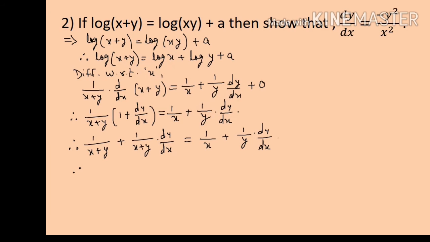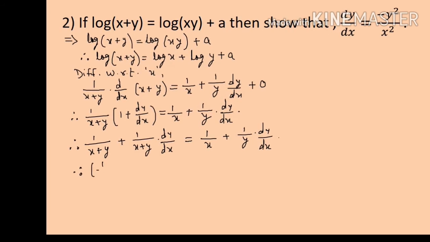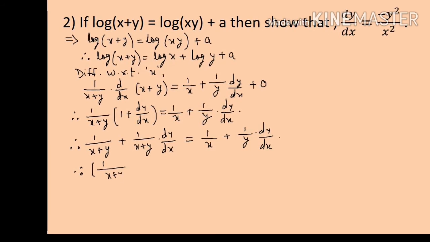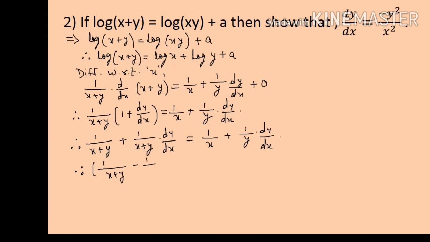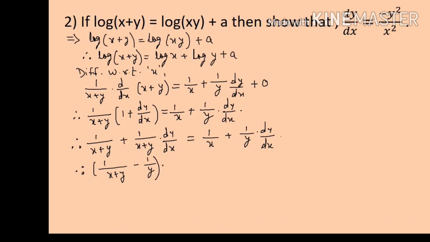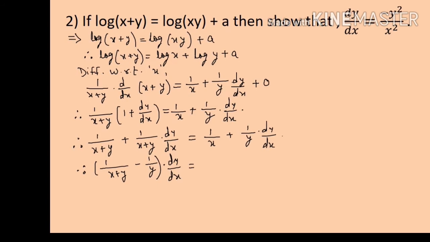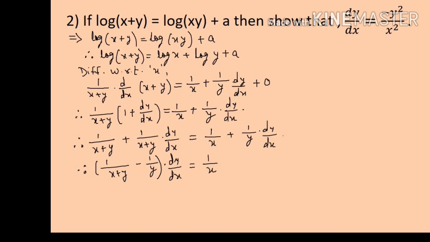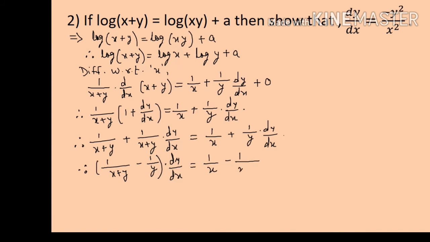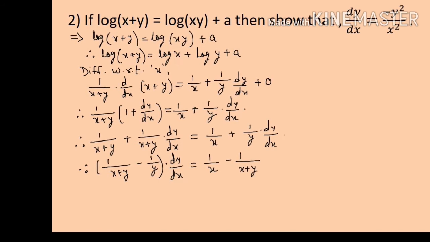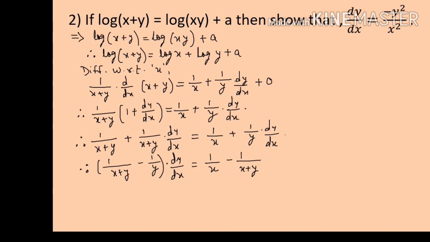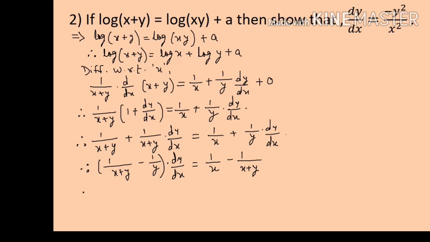So we get therefore 1 upon x plus y minus 1 upon y into dy by dx is equal to 1 upon x minus 1 upon x plus y. Now let us take the LCM, cross multiply.